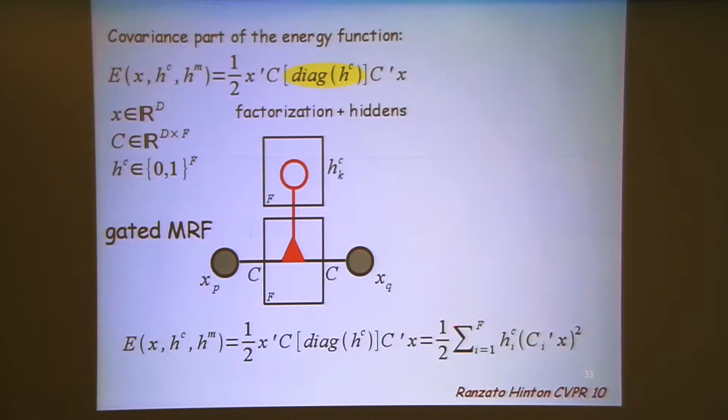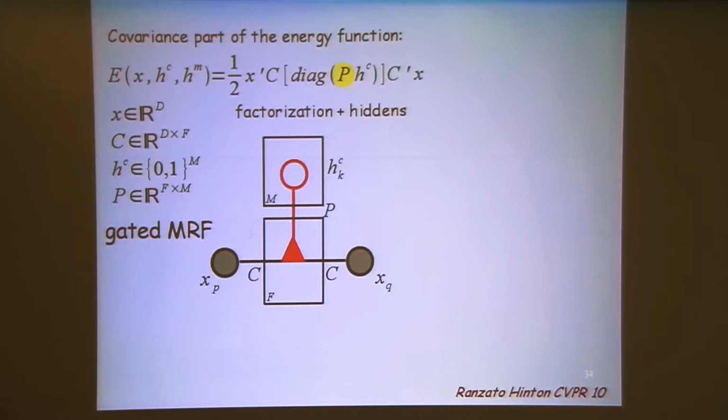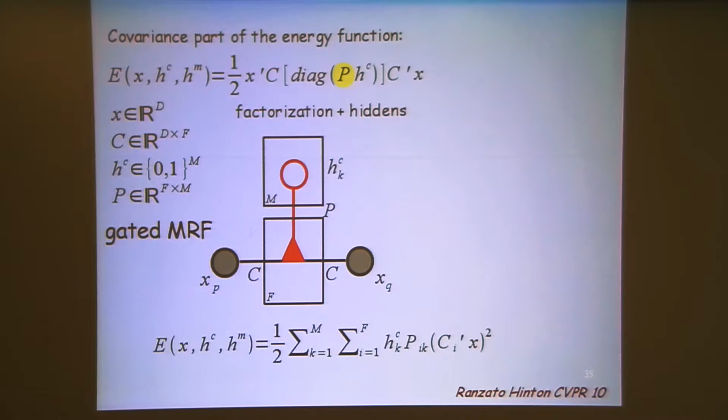And so you still have the F terms in the energy function, but now each term is weighted by these latent variables. And we can further extend the model by introducing a matrix P, that basically takes a linear combination of latent variables. So now you have a sum of F terms, and each term is going to be a linear combination of latent variables and the square filter outputs.